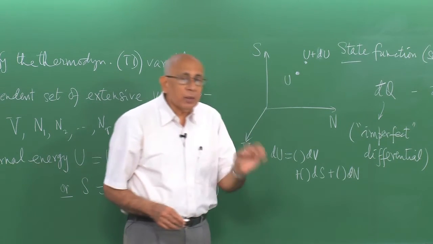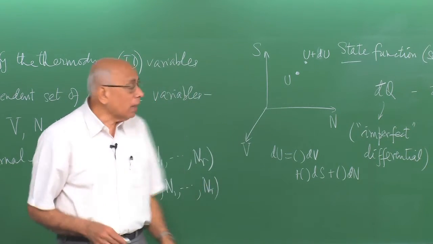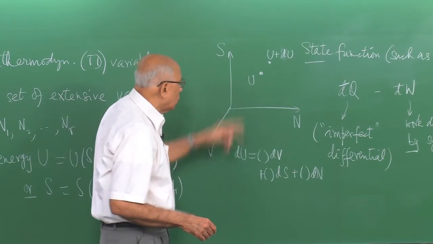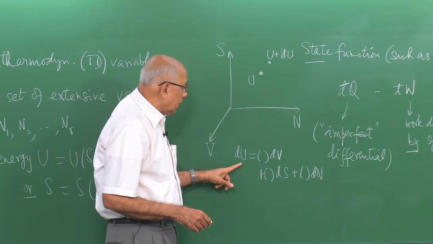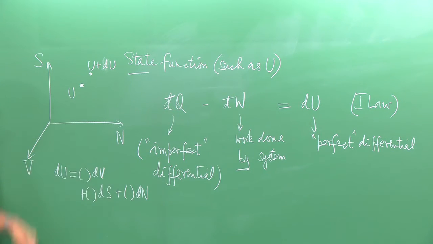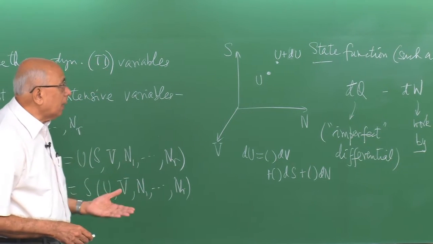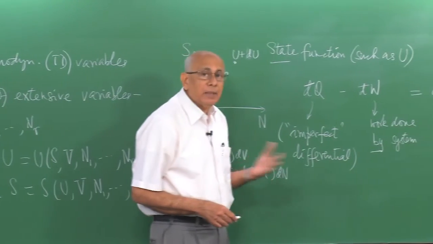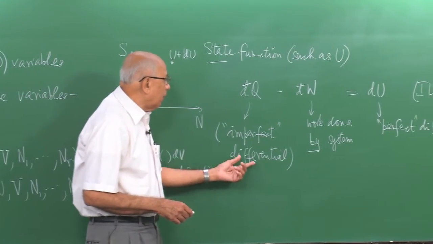It would actually depend on the specific path, unlike the case of a state function where it does not depend on what path you choose. The general formula for dU is simply this linear combination here with these well defined partial derivatives. So when you have this so called path dependence, then you have an imperfect differential.